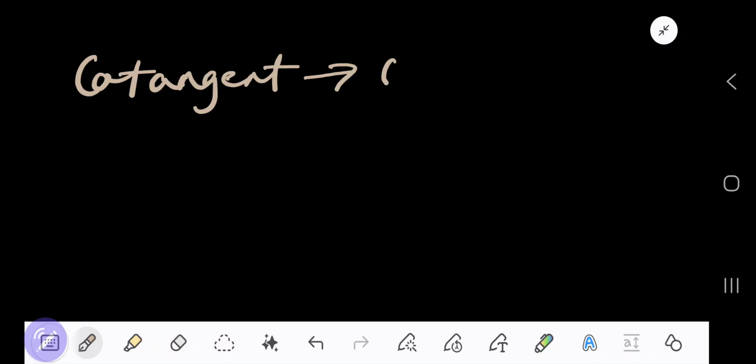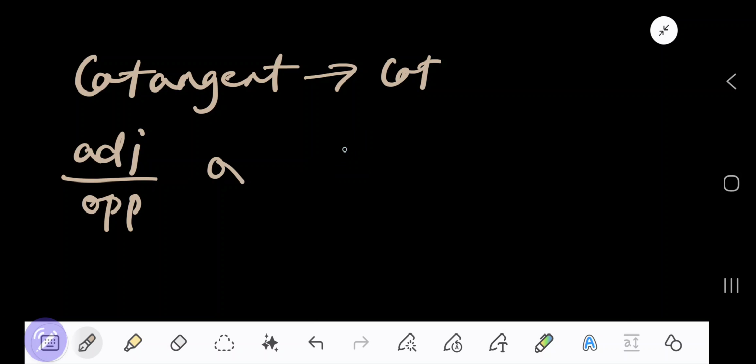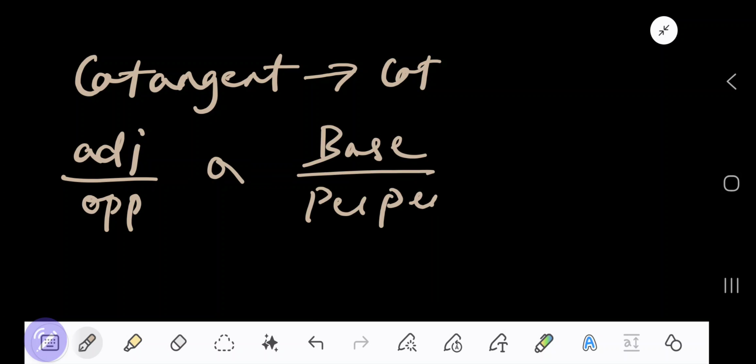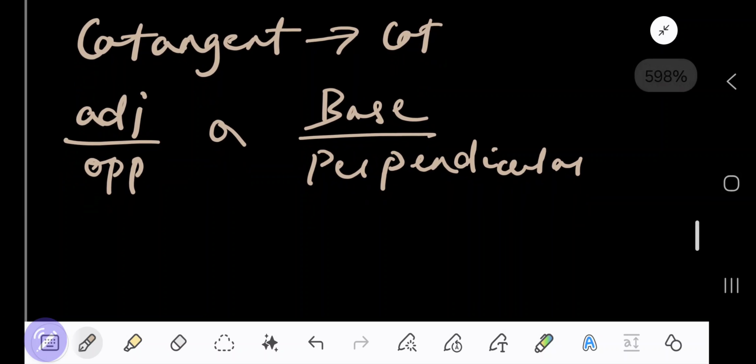So cotangent or cot is adjacent by opposite or base by perpendicular. And yeah, that's it for cotangent.